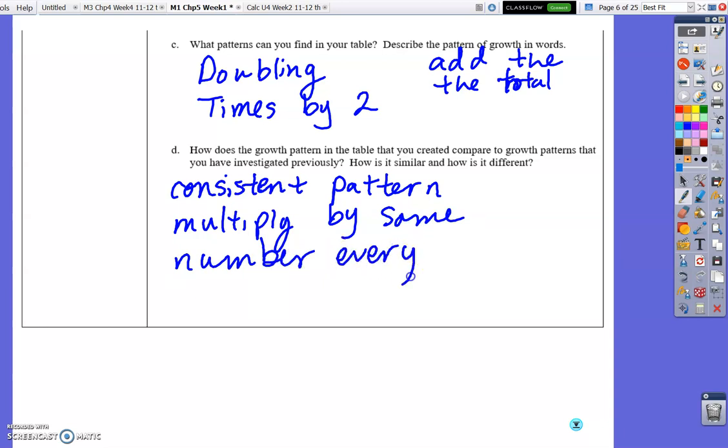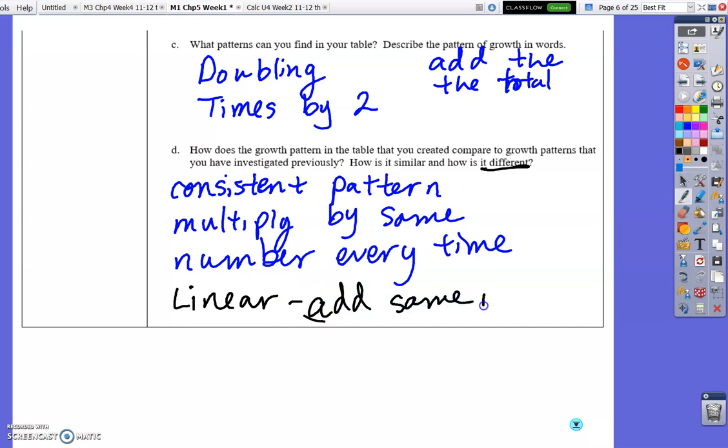In linear patterns, I was adding the same number. Now I'm multiplying by the same number, so that's a difference. But both patterns were consistent. So the difference is between multiplying and adding. There was a starting place in both terms. My starting value occurred at an input of 0.